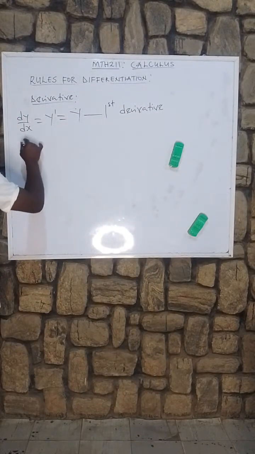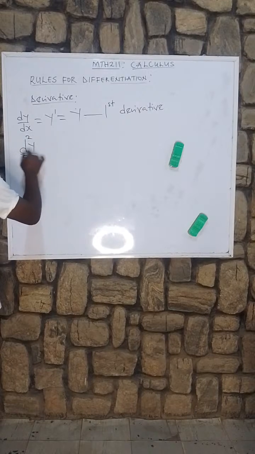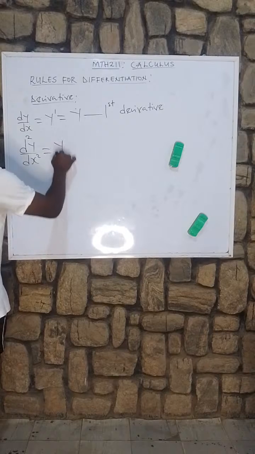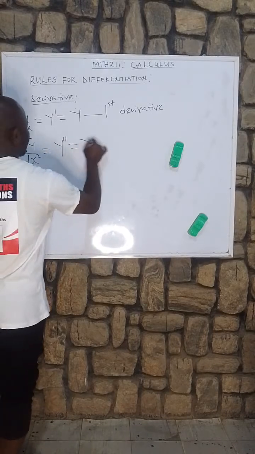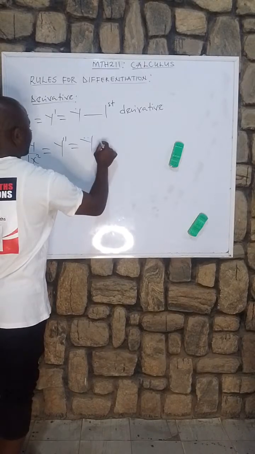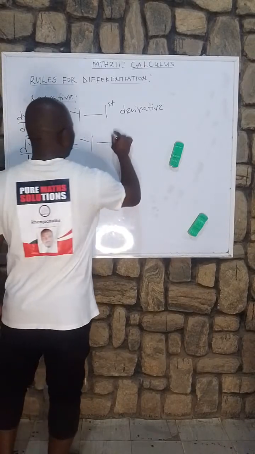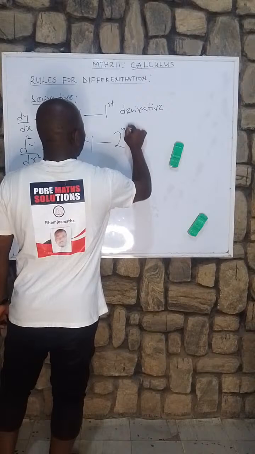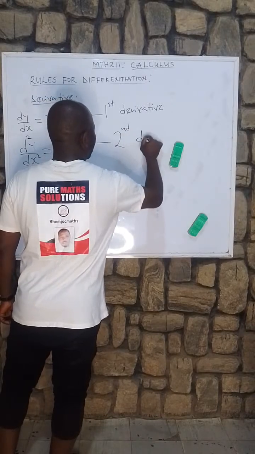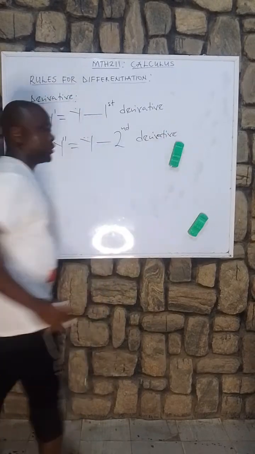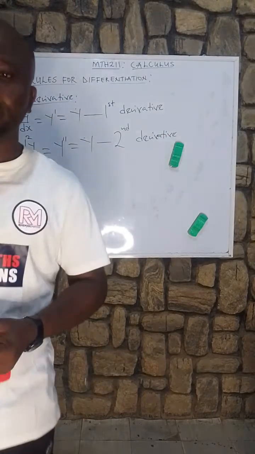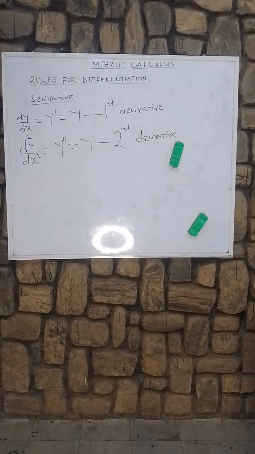Then d squared y all over dx squared is the same thing as y prime prime, and this is the same thing as y double dot. This is known as the second derivative. Is that clear? Second derivative. Take note. Are you following? This is the second derivative.